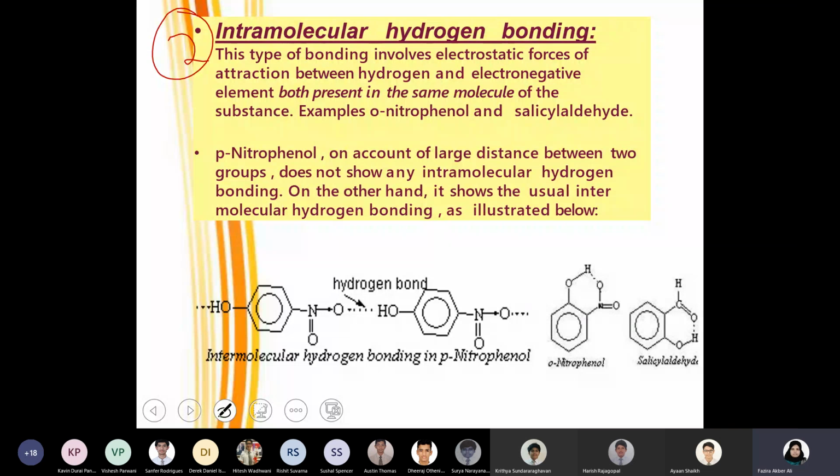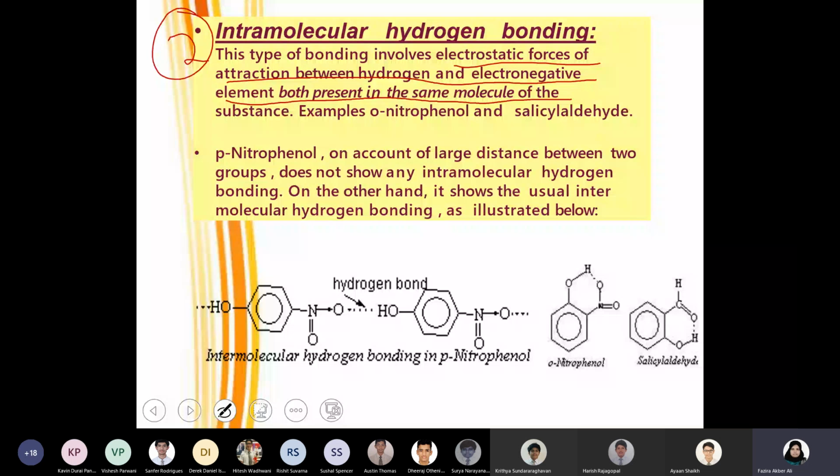Intra means within the molecule. It's not between molecules. It is the electrostatic force of attraction between hydrogen and the electronegative element, both present in the same molecule. That is the difference between inter and intramolecular hydrogen bonding.